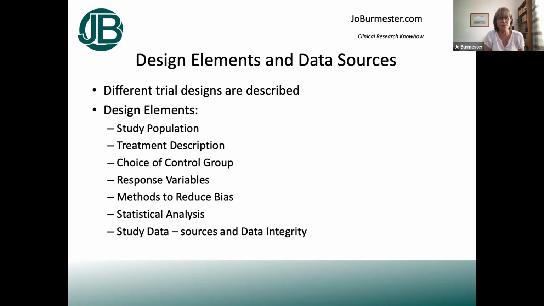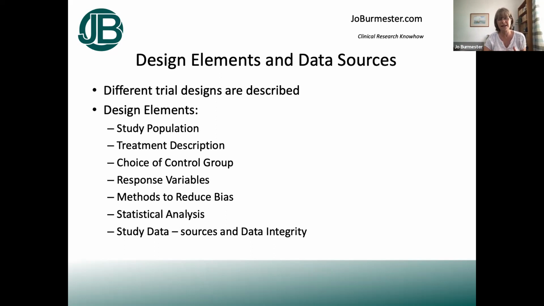Statistical analysis, it's important to have that set up front so that we have clarity on how we're going to analyze the data. And I would imagine, I'm not a statistician by any stretch of the imagination, that for the more complex trial designs, that statistical part gets very difficult.